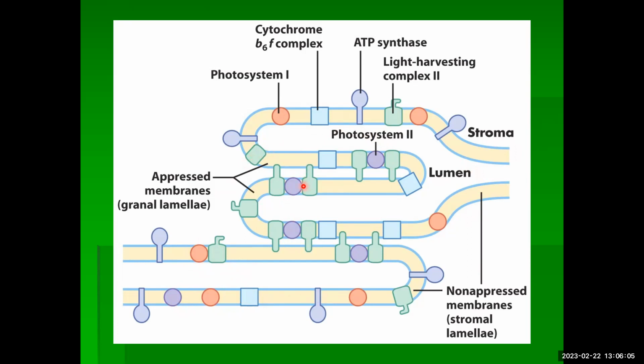Here in the appressed granal lamellae, you have more photosystem II, light harvesting photosystem II, and it gets associated to a large degree with photosystem I. So here's two. Two's in the granal stacks. One tends to be more out here.